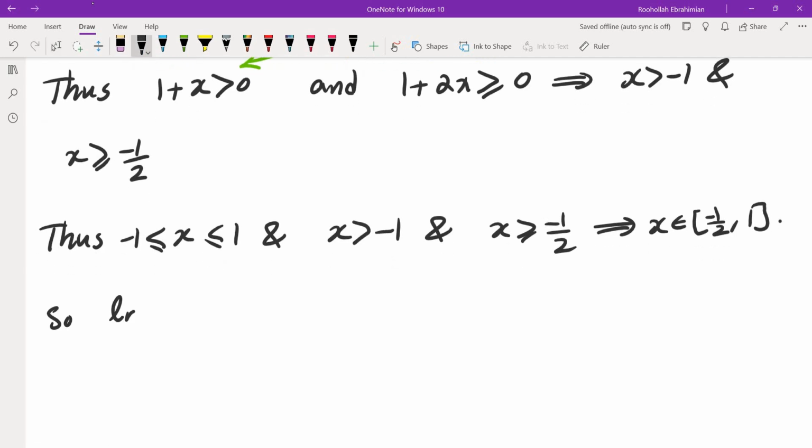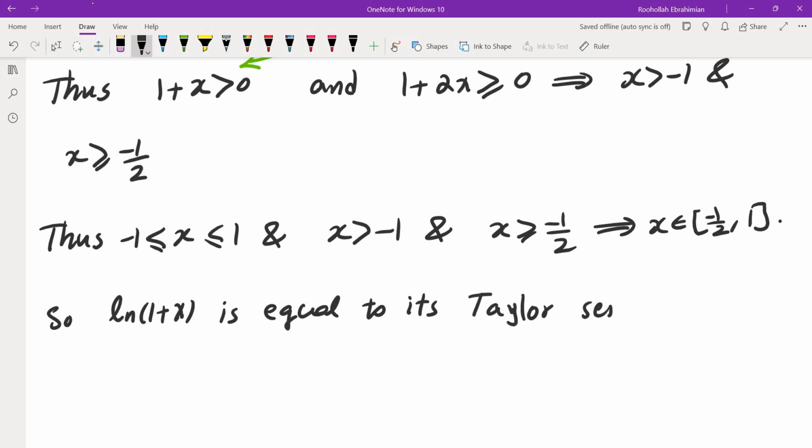So ln of 1 plus x is equal to its Taylor series for all x inside -1/2 to 1. Okay, everything else we don't really have any information about.